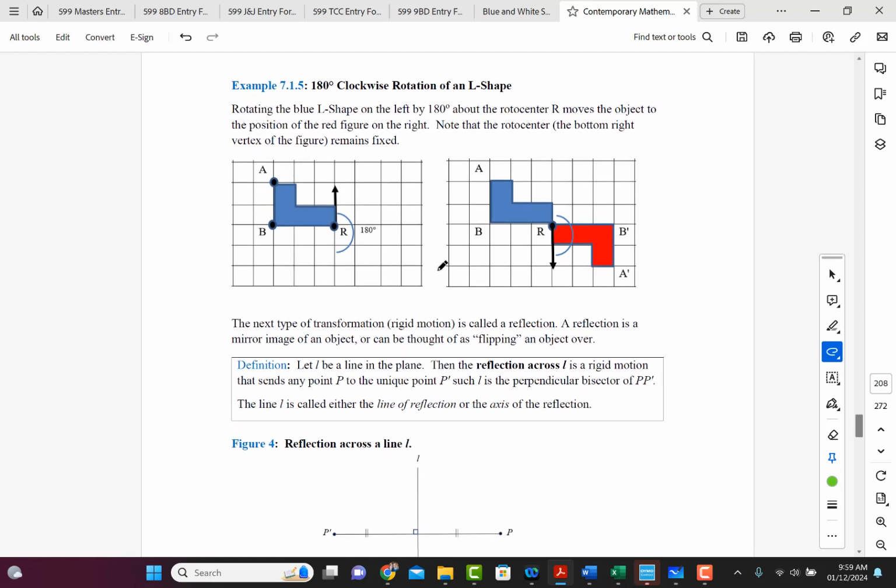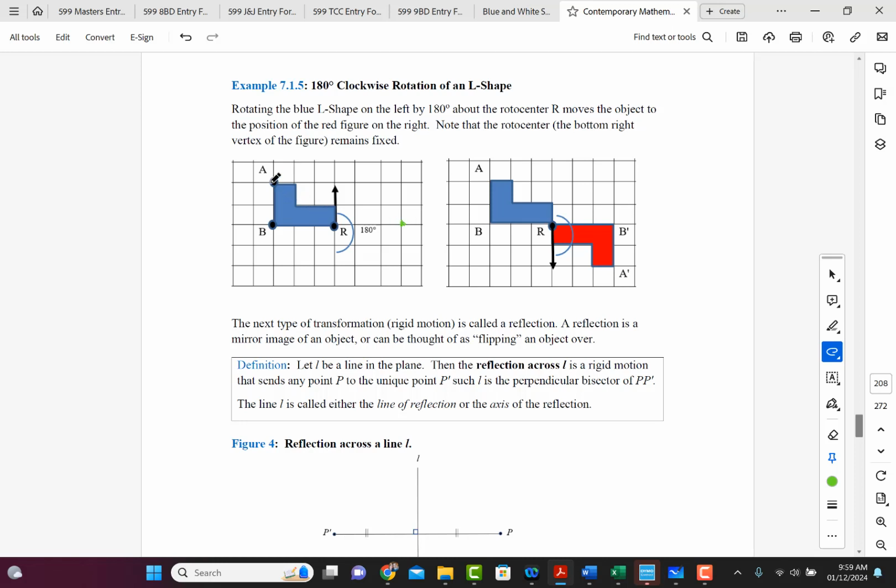In 180 degrees, this point is R, so it's actually on the figure, so that's going to stay put. That's not moving. But this one is going to move 180 degrees. Instead of 3 units to the left, it's going to end up 3 units to the right.